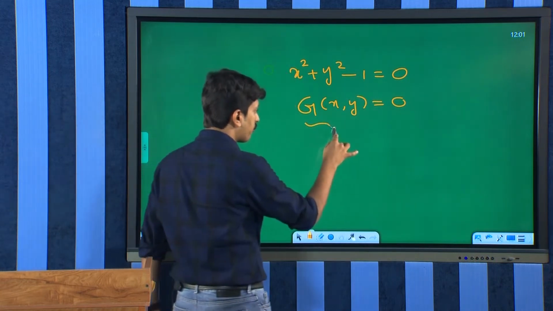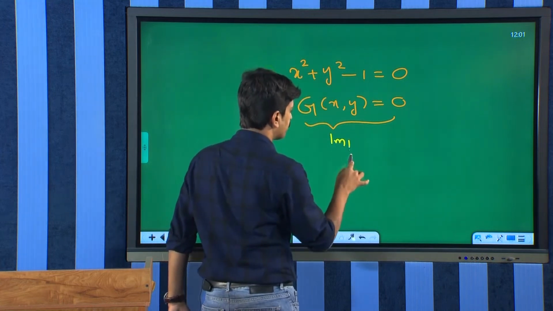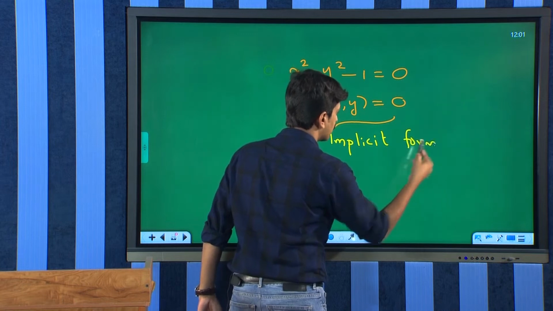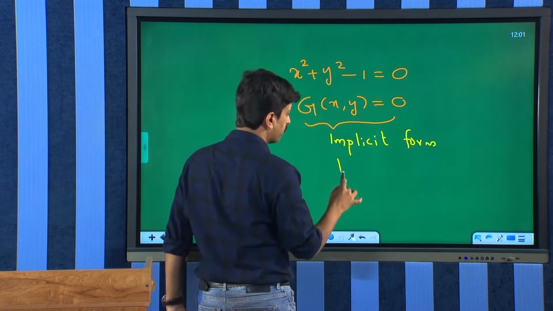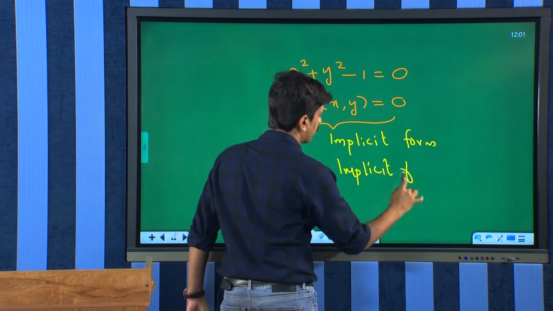This is the implicit form, so the function is an implicit function.